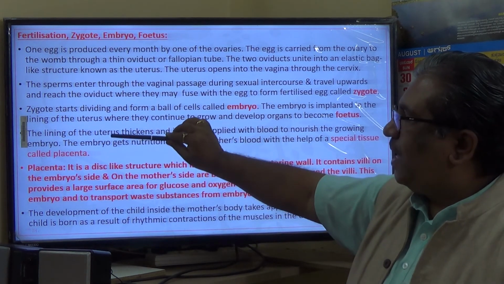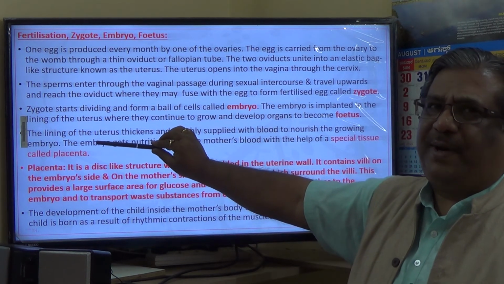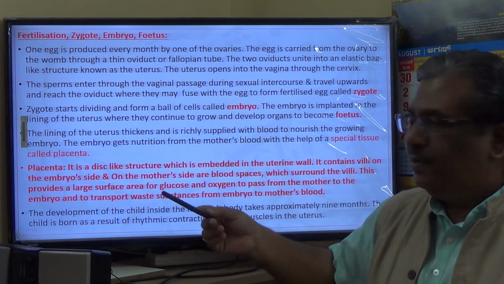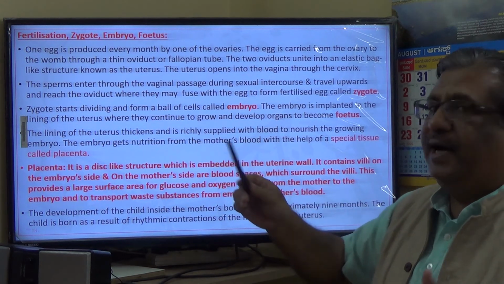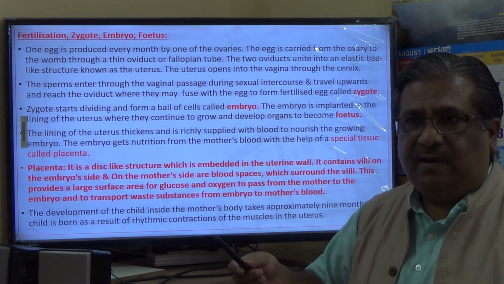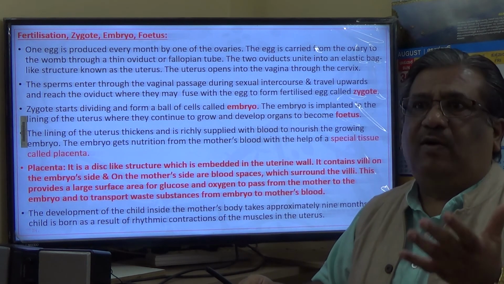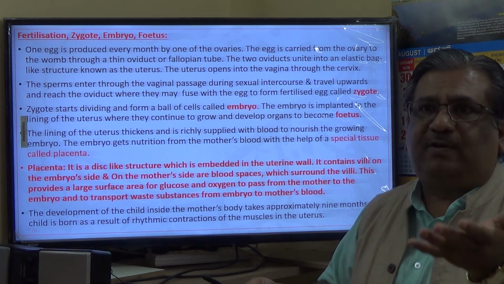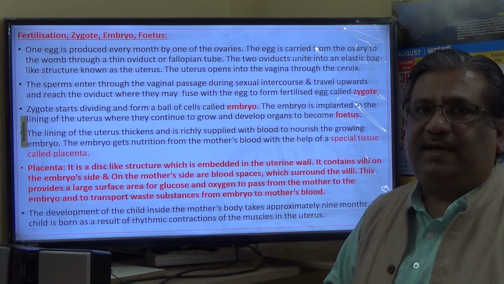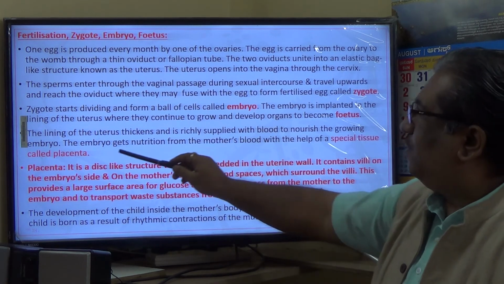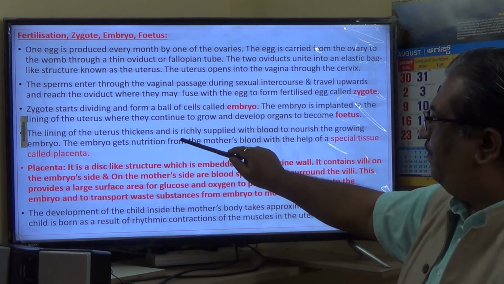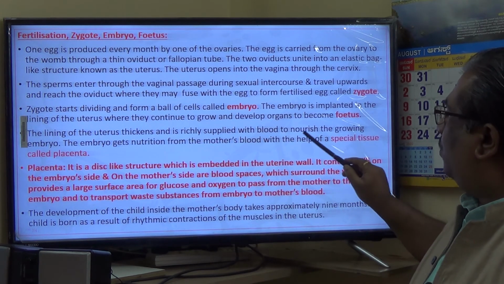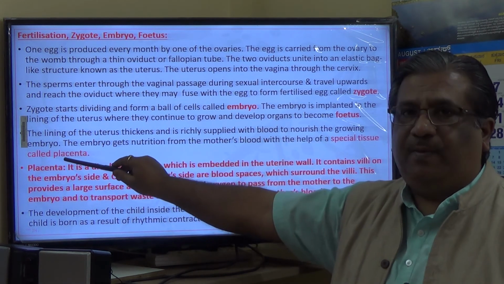Next, the lining of the uterus. See what happens after fertilization. A small paragraph is given. The lining of the uterus thickens and it becomes spongy and soft in order to support the fertilized egg, that is embryo. So the lining of the uterus thickens and it is richly supplied with blood to nourish the growing embryo.